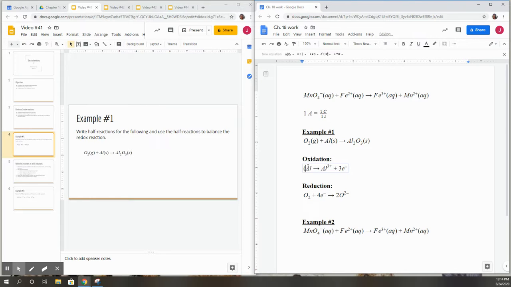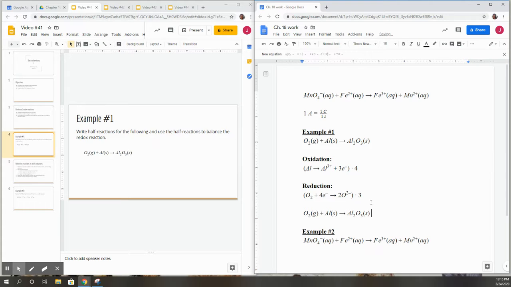Now to balance my equation, I need to make sure that my electrons are equal. So I multiply my first reaction by 4 and my second reaction by 3.